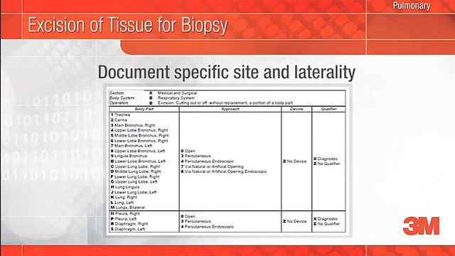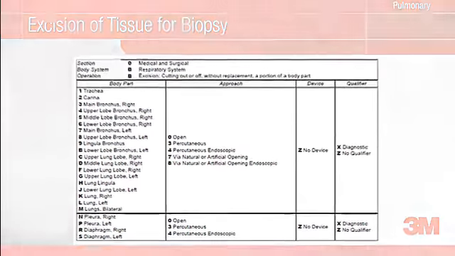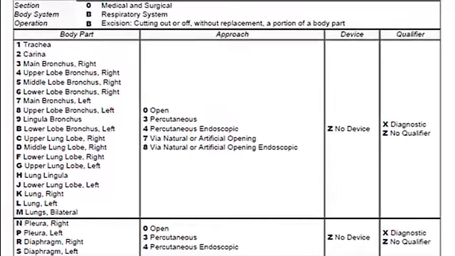Documentation of excision of tissue for biopsy requires specific site and laterality. Here you see the table the coder will use to construct the code for biopsy of the respiratory system. Of particular interest is the column on the left labeled body part, which lists all sites of the respiratory system from which the coder must choose.